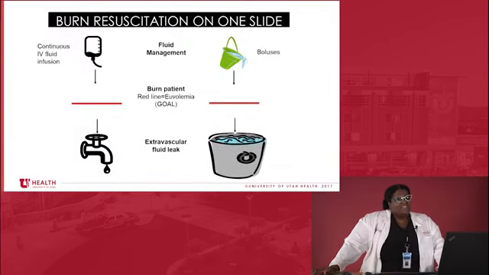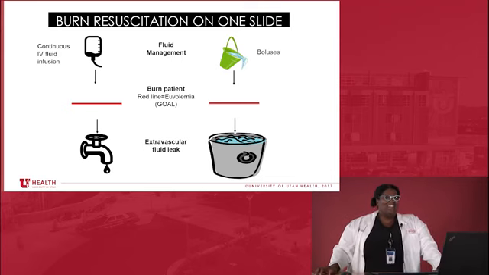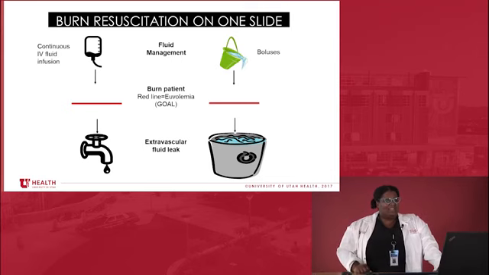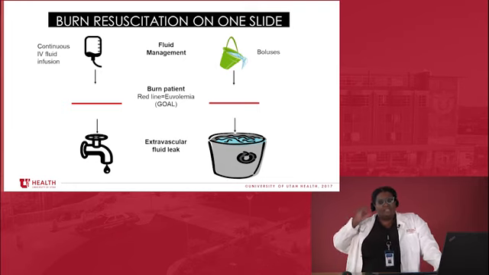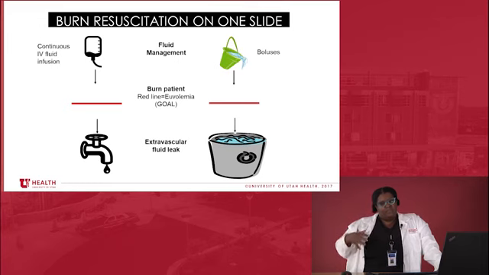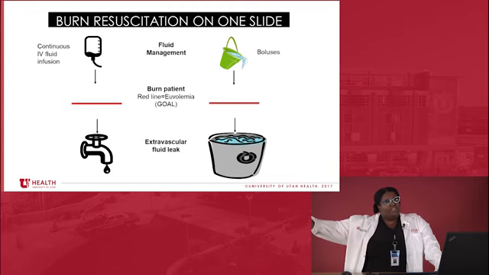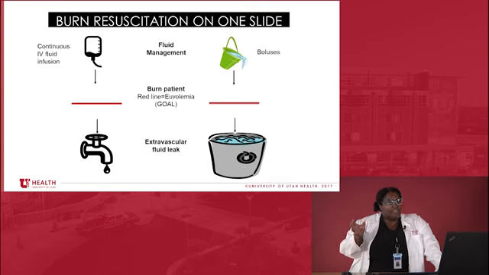So let's talk about burn resuscitation on one slide. And here we go, burn pathophysiology. So this is why we give fluids continuously versus bolusing. So when you think about the burn wound, what we get is the burn injury, the systemic inflammatory surge and storm that creates leaky vessels, and then all of your fluid goes out into the interstitium and it fills up the 2/3 extracellular space and then the 1/3 intravascular space.